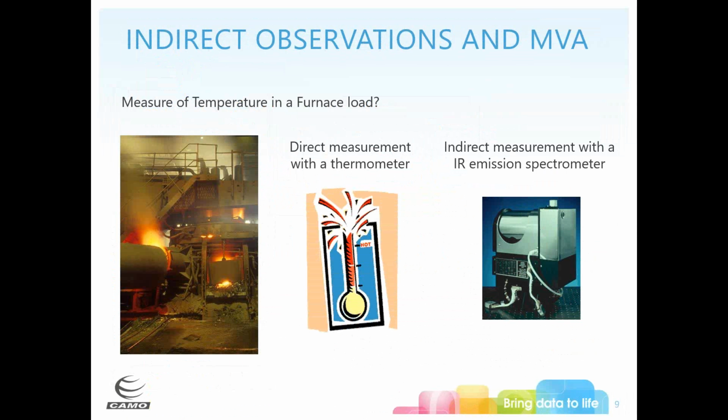However, if we take an indirect measurement, measure the infrared emission coming out of that, we can use our first principles to understand what the temperature inside that furnace actually is. And these kinds of approaches and measurements often need a multivariate analysis approach.